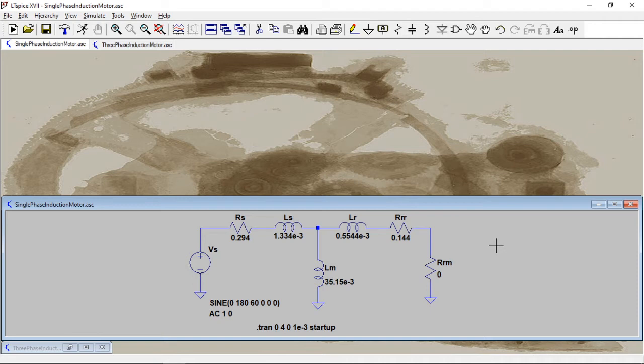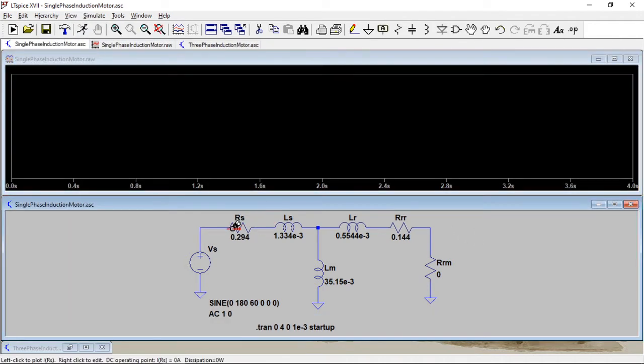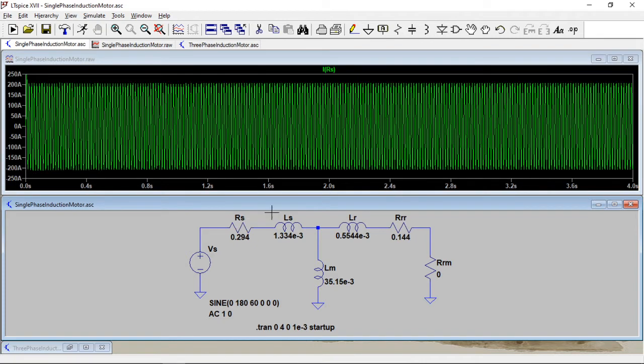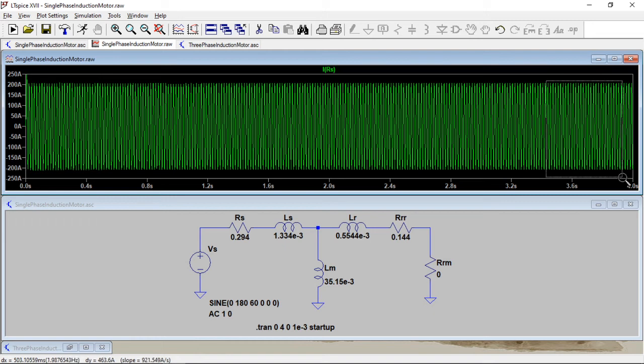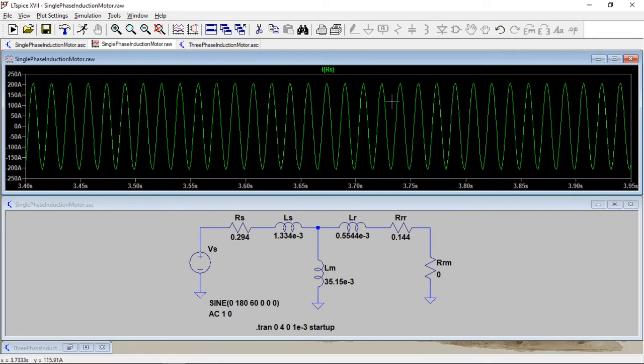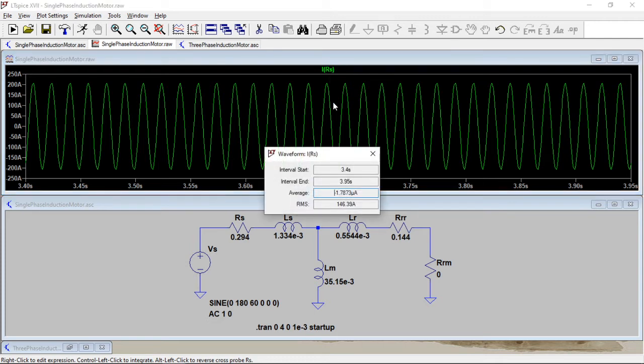Okay, so let's rerun this and see what kind of currents we have now. Okay, so now we calculate it, and let's do the same thing. Whoa, about 146 amps in the stator, and I think that's about what we saw before, about 150.